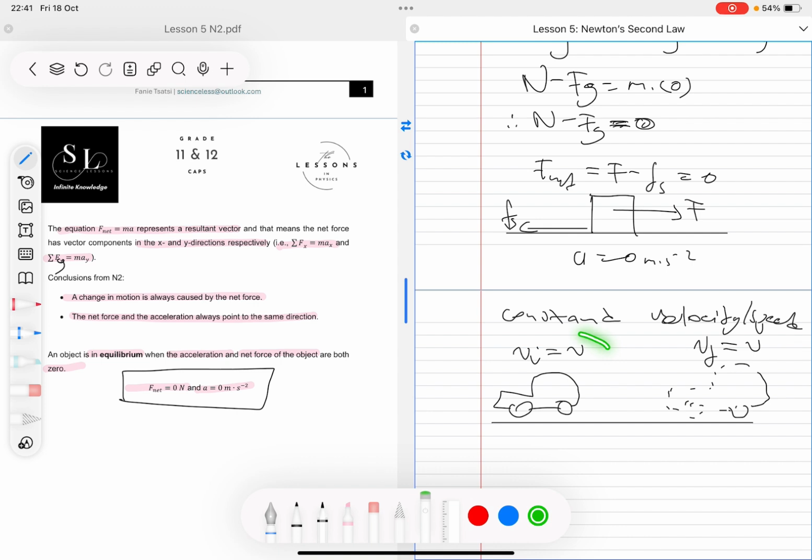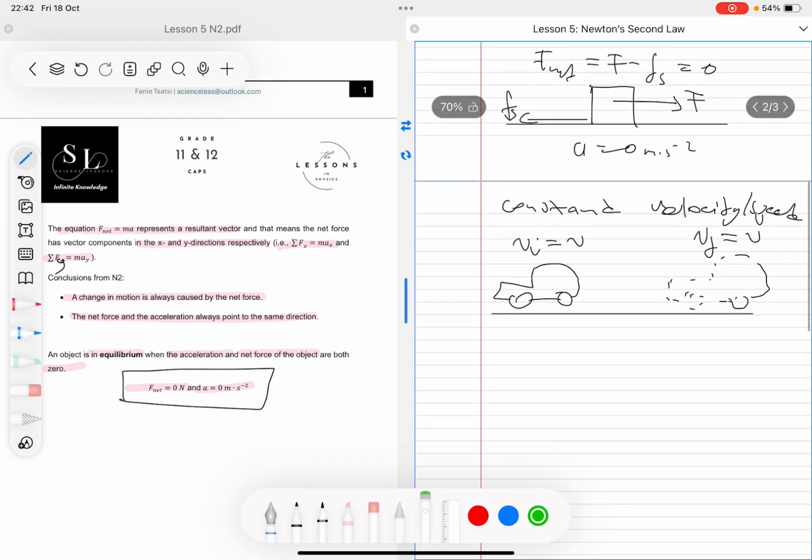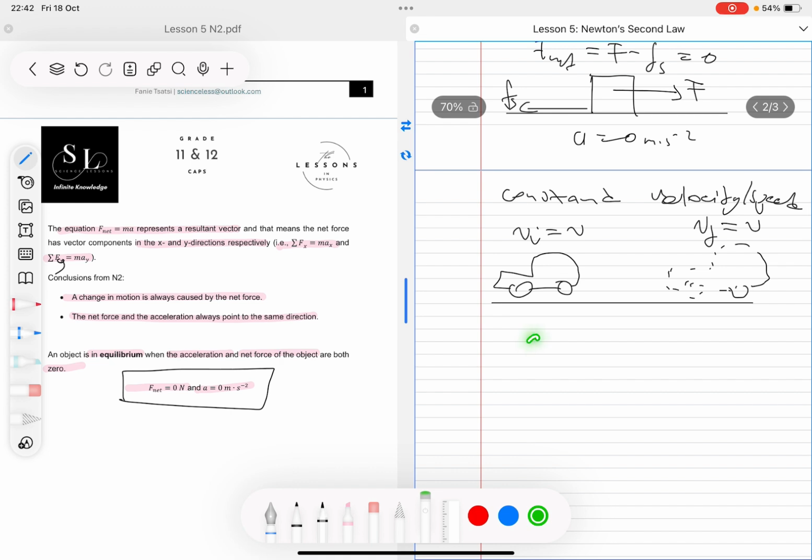So what we started with here, a velocity of v, at some later time, when the object is somewhere here, it will still be v, right? If this is 2 meters per second, it will still be 2 meters per second. If this is 50 meters per second, it will still be 50 meters per second. Now, if we were to calculate the acceleration of this object, it is the final velocity minus the initial velocity over the change in time.